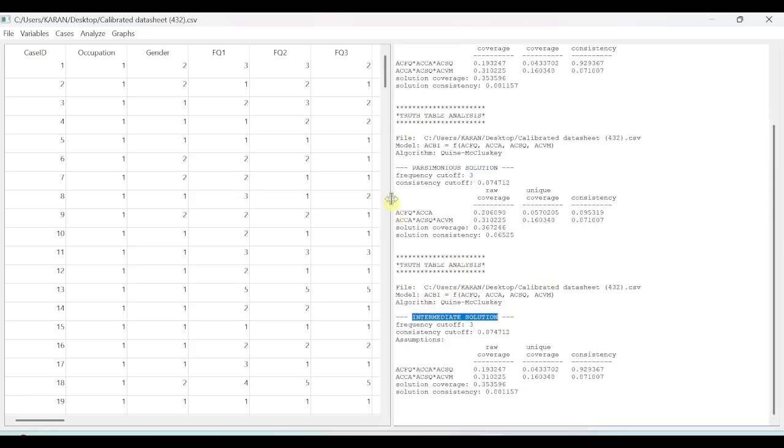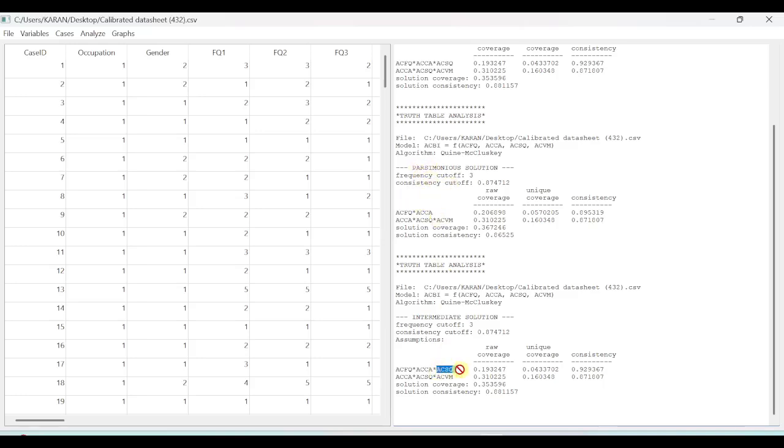Now, for identifying the core conditions, I need to look at the configurations. The first configuration in the parsimonious solution is ACFQ and ACCA. I find a similar configuration in the intermediate solution where ACFQ and ACCA are present, but ACSQ is additionally present in the intermediate solution and is absent in the parsimonious solution.